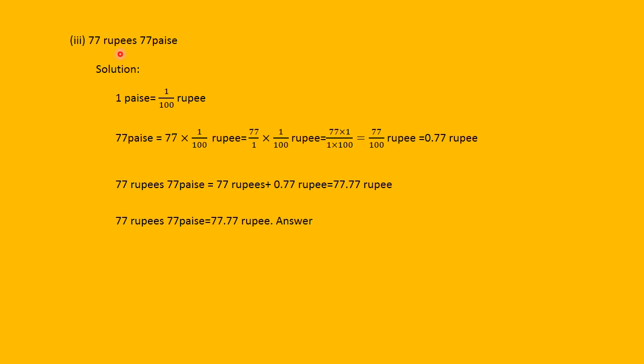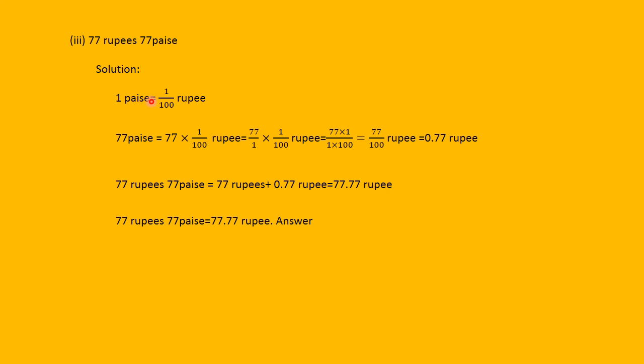Now let us see the third question. 77 rupees 77 paise. So what happens? You know that 1 paise is equal to 1 upon 100th rupee. The 100th part of 1 rupee is 1 paise.